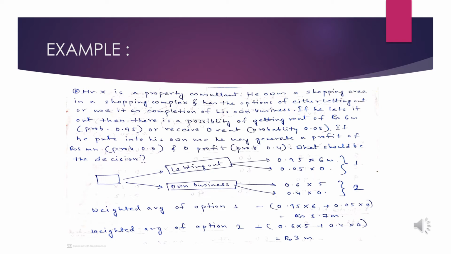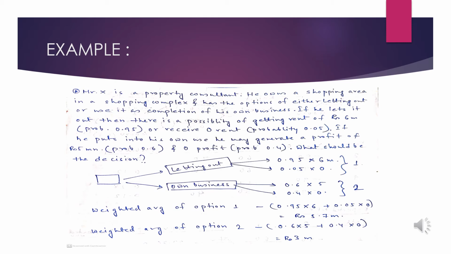When he lets it out, there are two further options: 6 million with a probability of 0.95, and the rest, 0 profit, with a probability of 0.05.